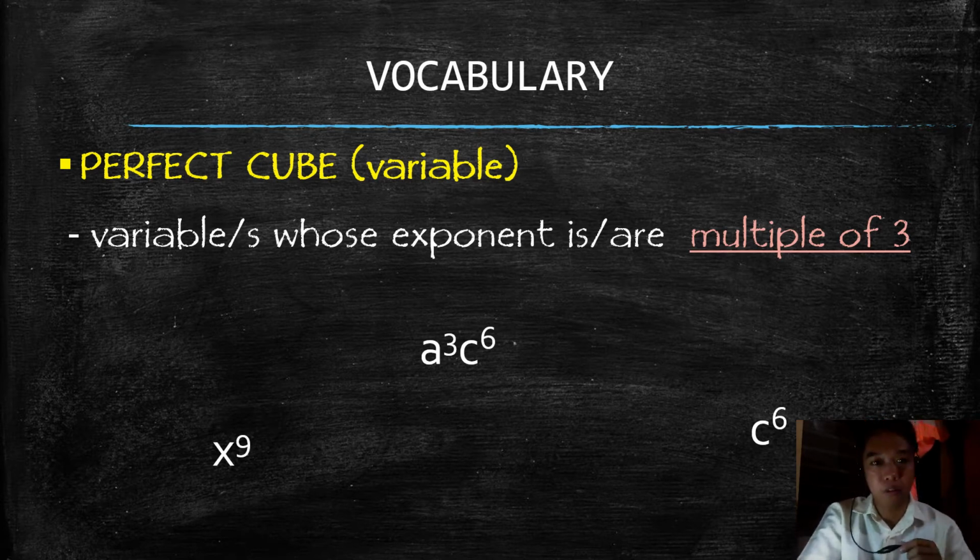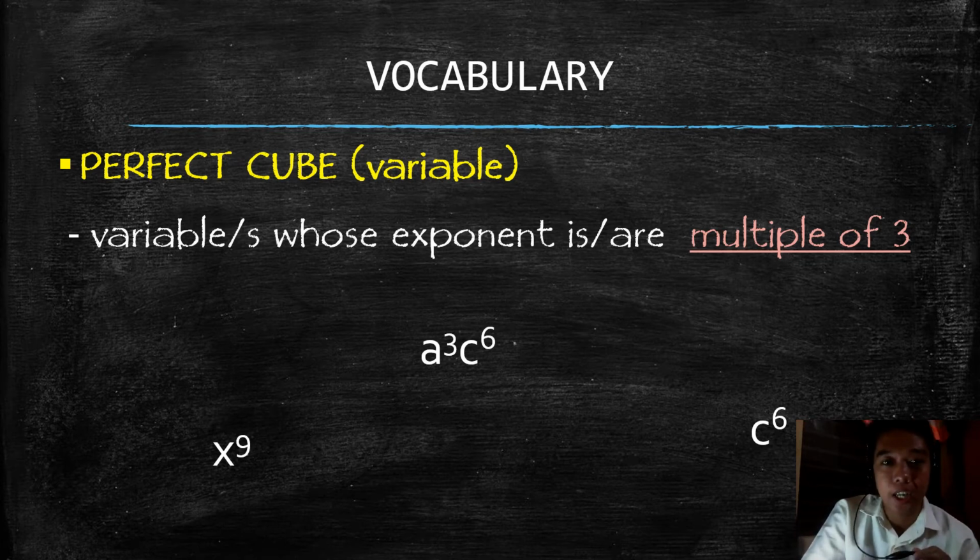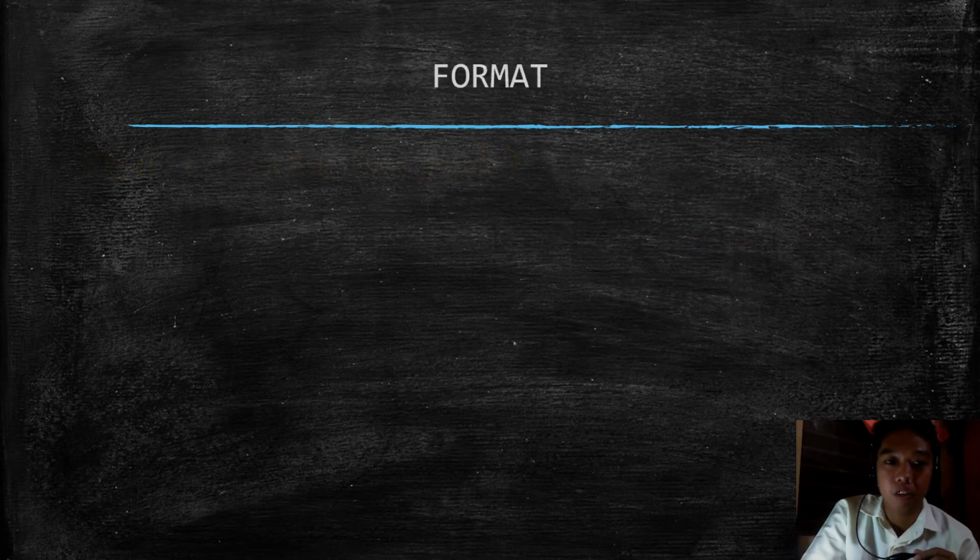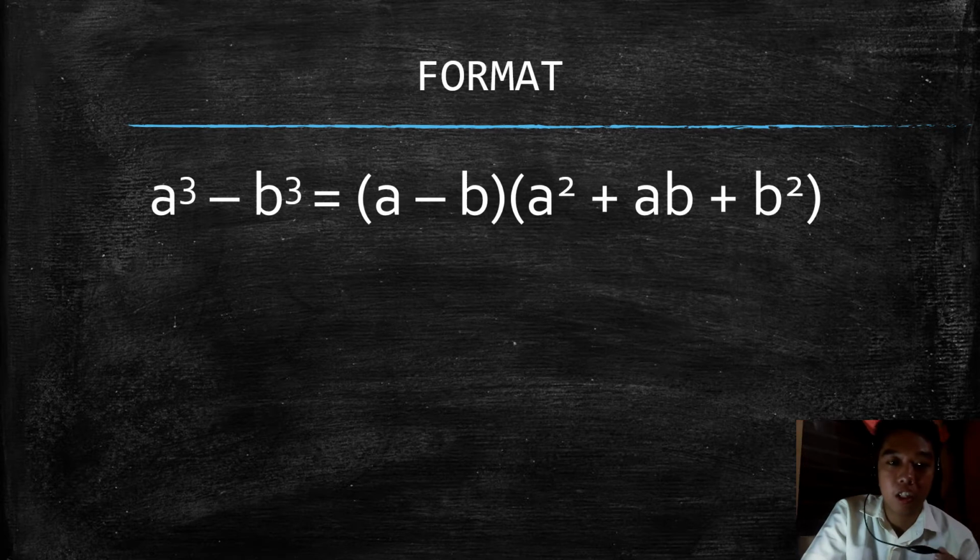Okay. So, bago tayo magsimula sa example, ipapakita ko muna sa inyo yung general format ng difference and sum of two cubes. So, ito yun. Okay, so sa difference of two cubes, a cubed minus b cubed equals to combination sila ng binomial at trinomial.